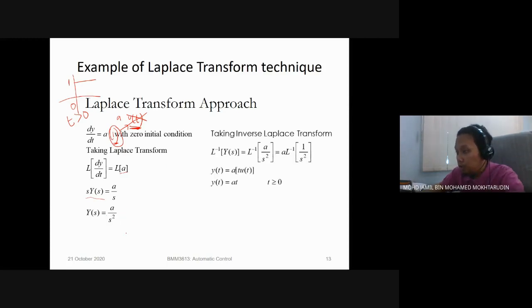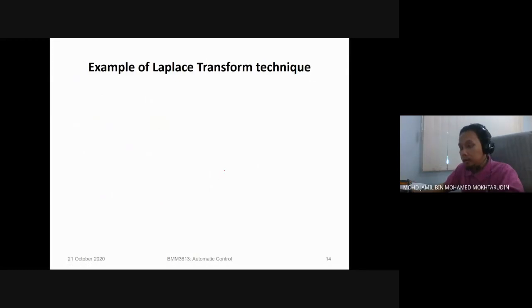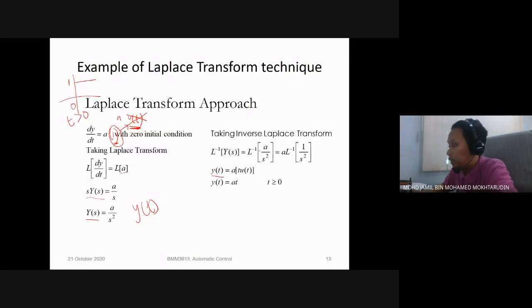Okay, so you need to perform inverse Laplace transform to get y(t), because now Y(s) is in the frequency domain. You need to get it in the time domain, so you use inverse Laplace transform. Inverse Laplace transform of Y(s) gives you y(t). So for the inverse Laplace transform of A over s squared, first you factorize A because of the linearity theorem.